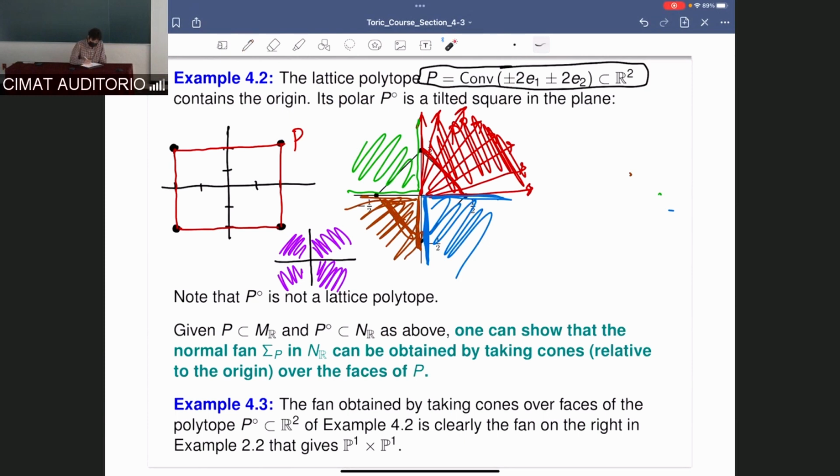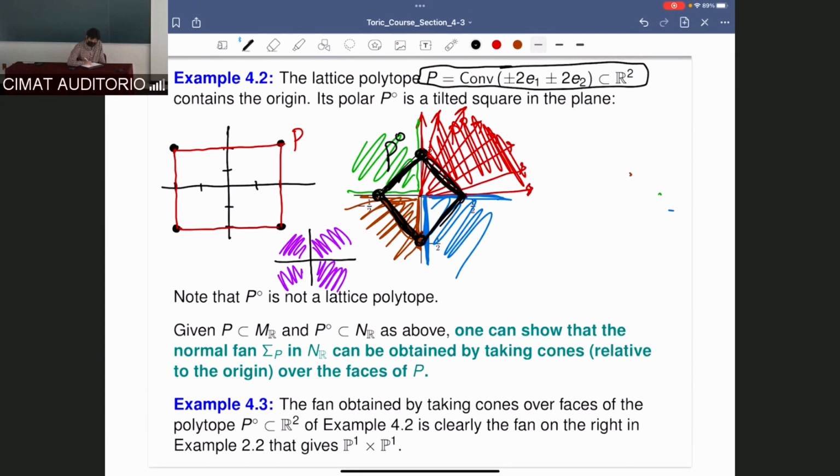So what this is saying is that what we are observing for this particular polytope that we passed to the polar P, this one here in the center, was this P0 for each of the faces.